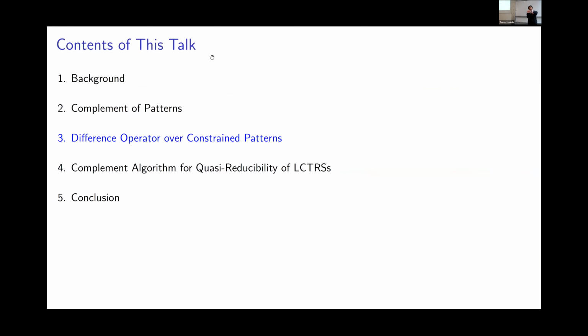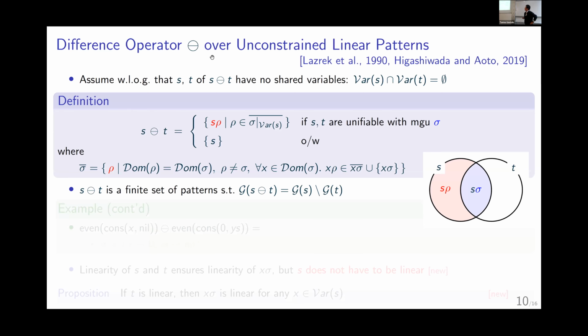So now I explain the main result, the difference operator. But first I briefly explain the difference operator over unconstrained linear patterns. So now we assume S and T of this expression have no shared variables because we have to consider unifiers, and if they have shared variables, then we can rename variables in one of them, for example in T, and then we can assume this.